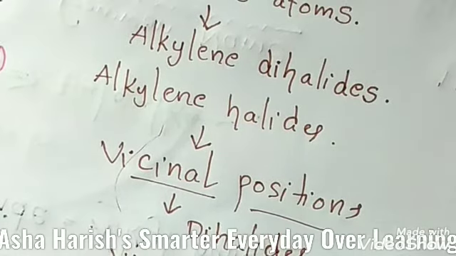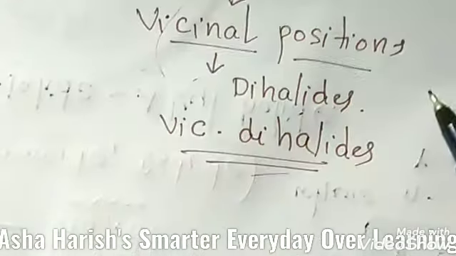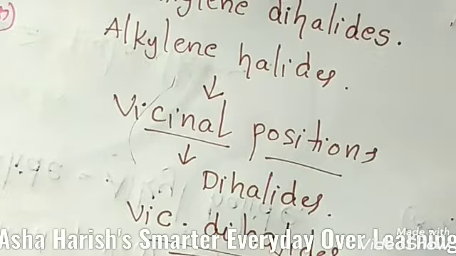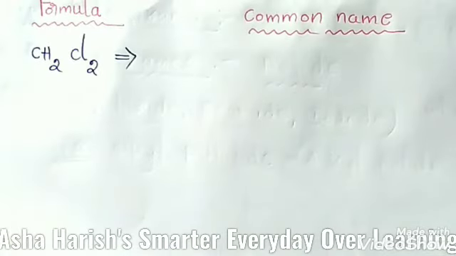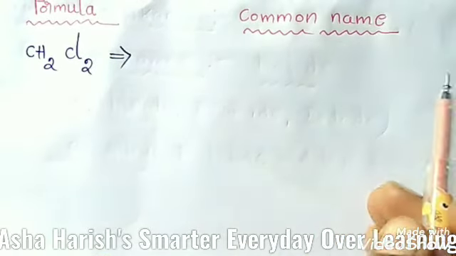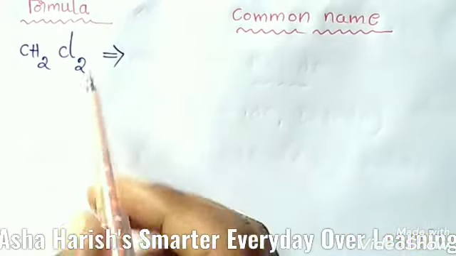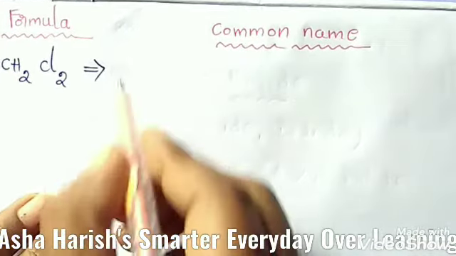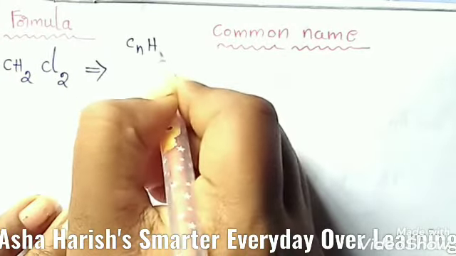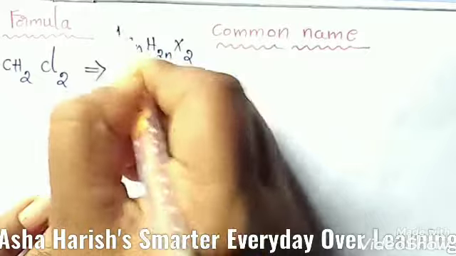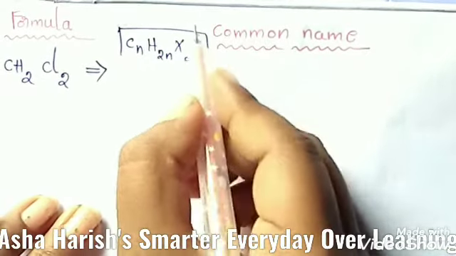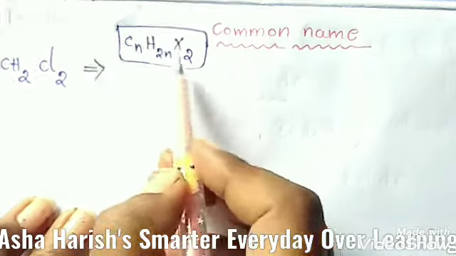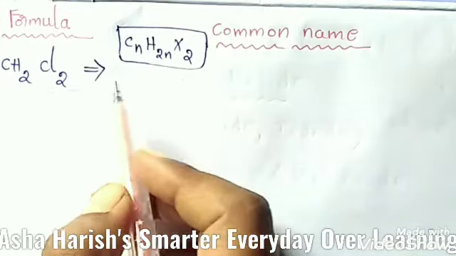Here are the IUPAC names of some dihaloalkanes. I'm going to give you the examples, with the chemical formula, the common name and the IUPAC name. The first one is CH2Cl2. Based upon the general formula CnH2nX2 for dihaloalkanes, we can check whether it suits this example.